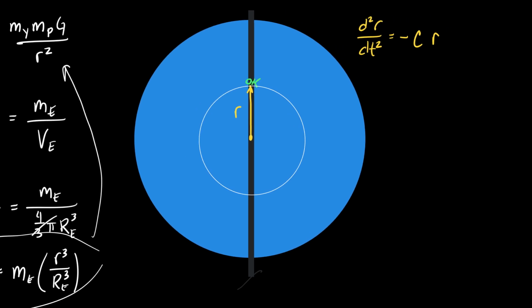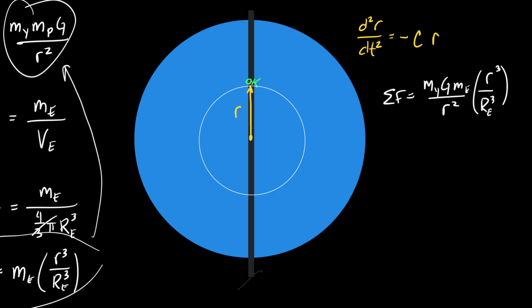I'll get net force equals mass of you times G times mass of Earth times little r cubed over big R cubed. But don't forget there is that r squared there. All right, so I'm taking this and replacing the mass of the pit with this.